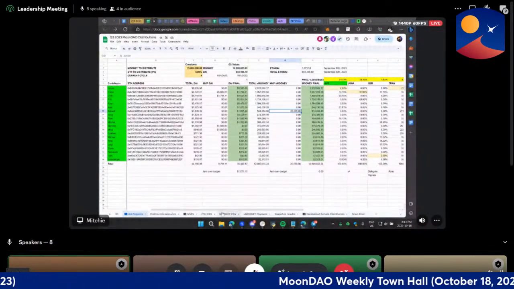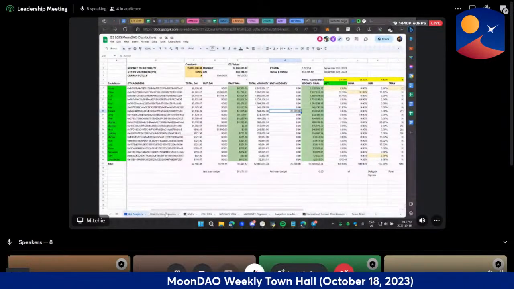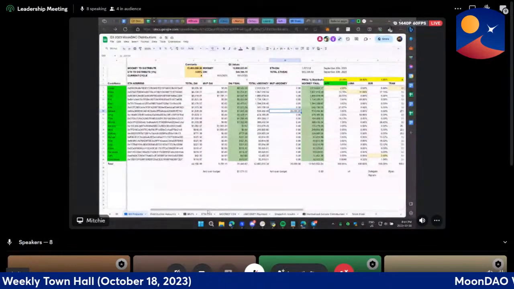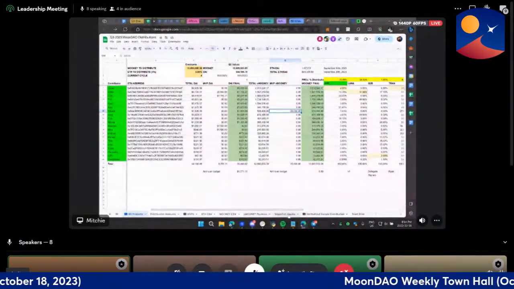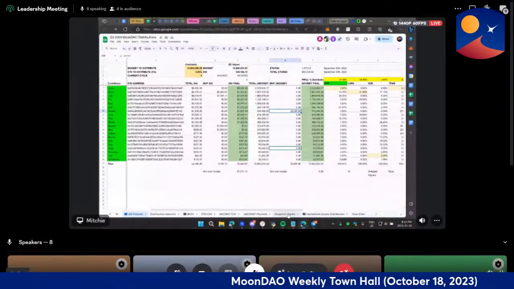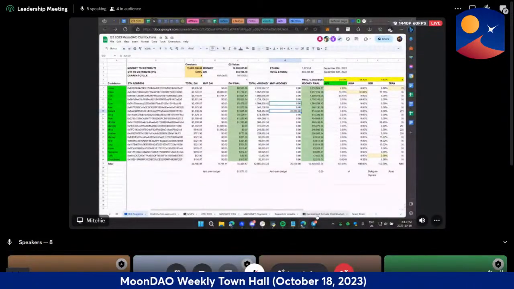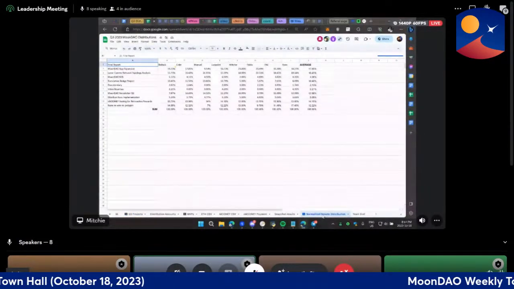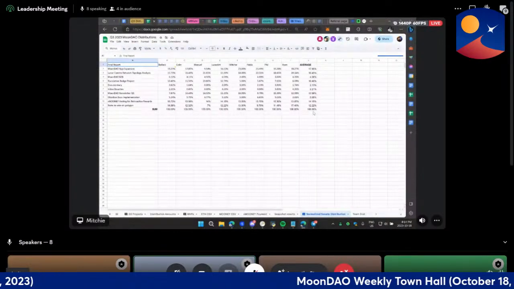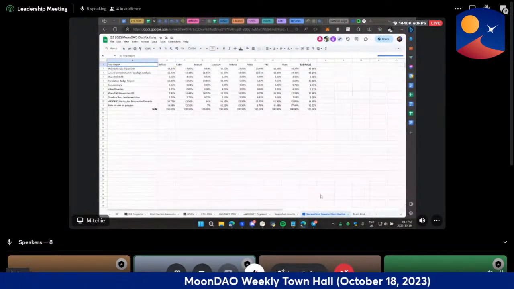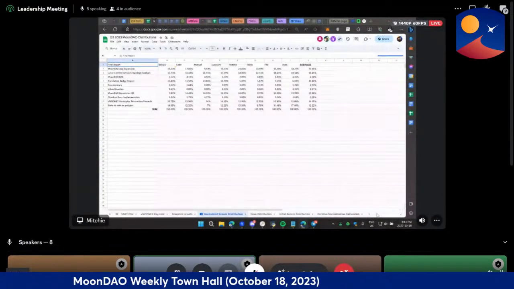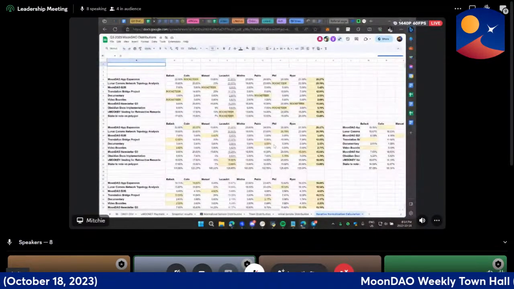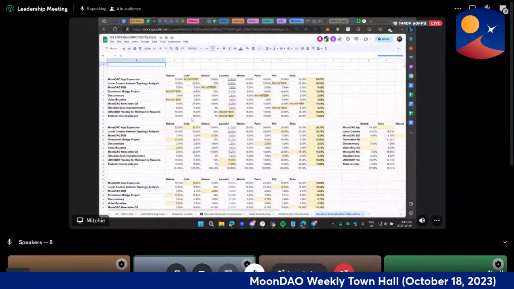So the actual, well, Pablo, should I walk through the whole process, or should I really just jump to the distribution amounts? It could be good to just quickly give an overview of how the calculations took place, because it's important that the way that we're calculating all of this follows a step-by-step process that's in our project system that we all voted on, and this is just following through with the calculations.